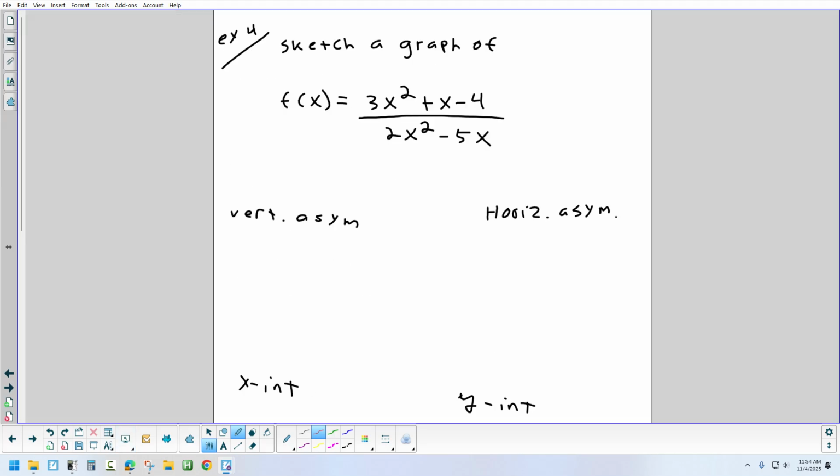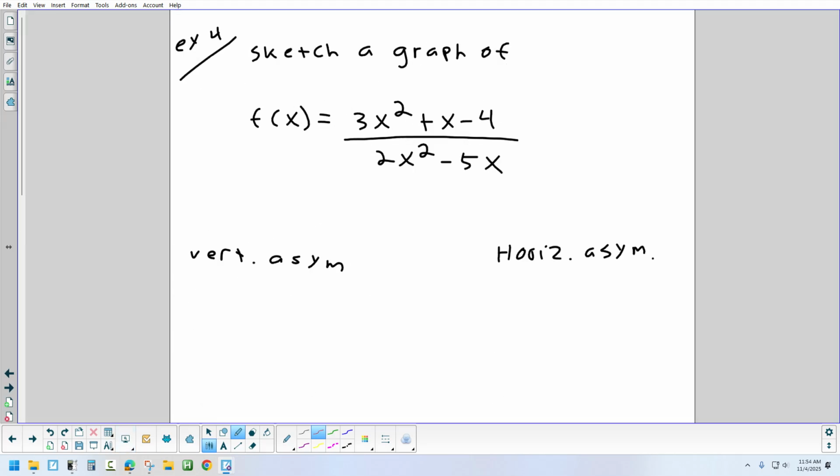Okay, so we've got 3x squared plus x minus 4 divided by 2x squared minus 5x. They're kind of giving us a hint this time. What do we have to do to the denominator to make the vertical asymptotes easy to find? Yep. Factor.